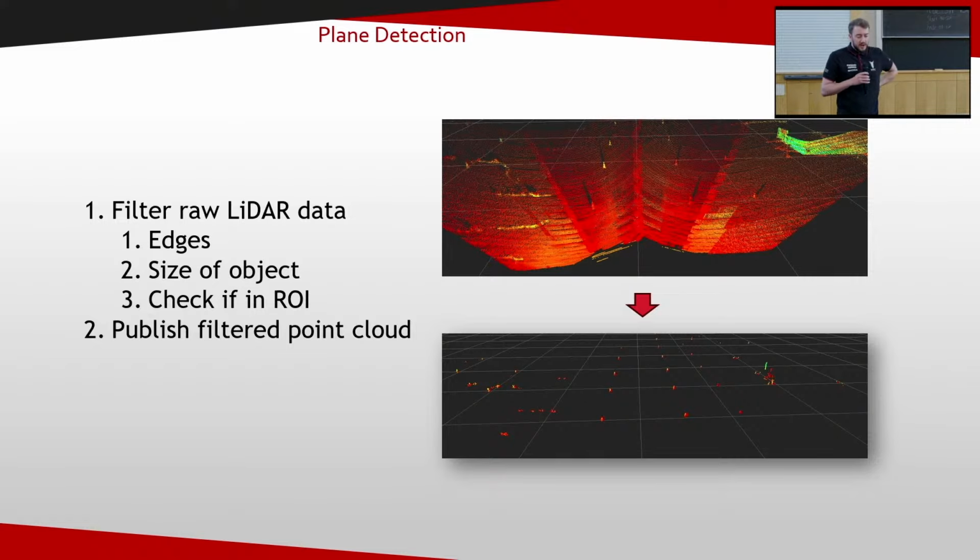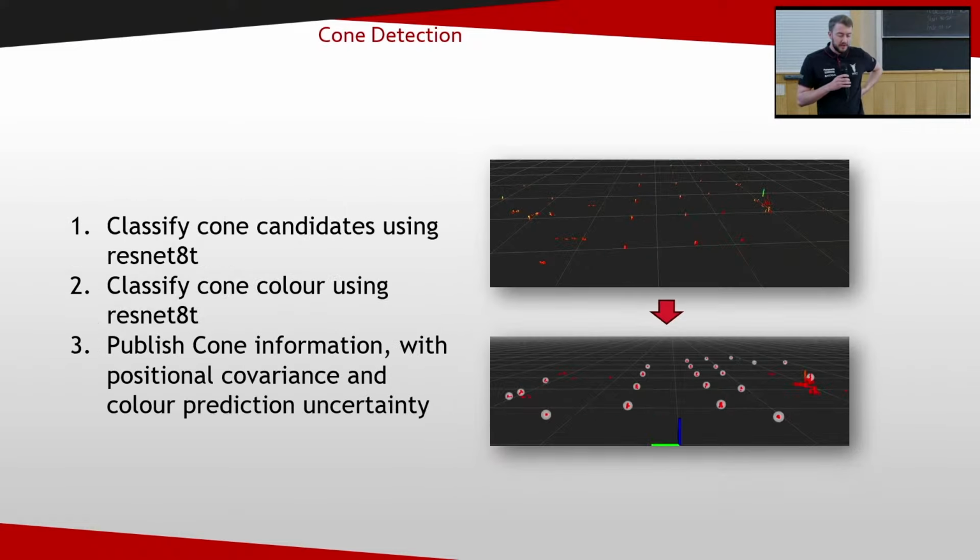There we are then using neural networks, convolutional neural networks, to detect if the object, the point cloud, is a cone or not a cone. These convolutional neural networks are especially optimized to run on a CPU. As I mentioned, GPU is too much overhead for us.